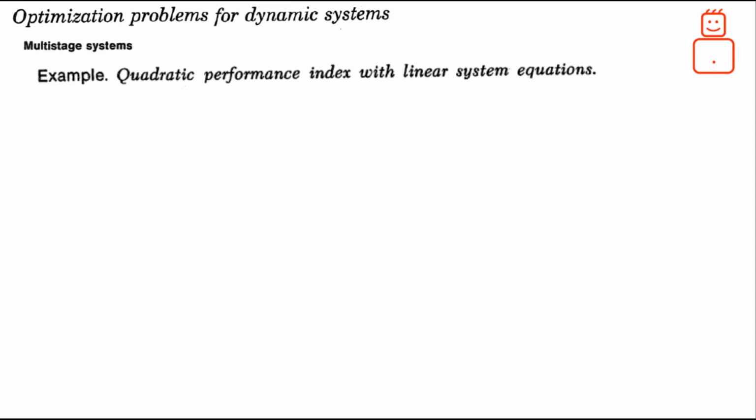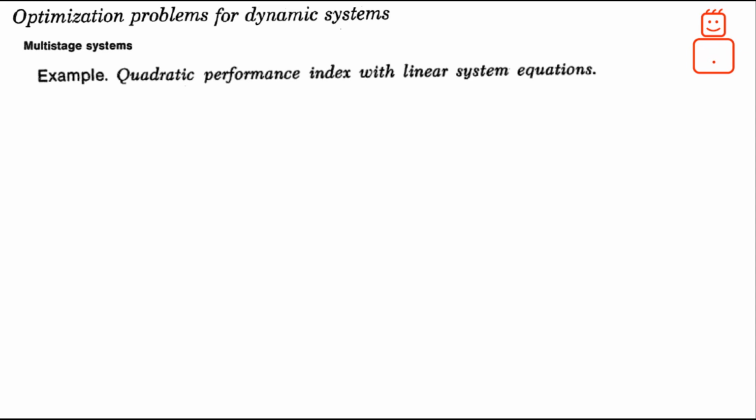As we have passed over the introduction of the optimization control problem for this video and the derivation of the conditions for solving for optimal control actions, we are ready to apply these concepts on a simple control problem. The example we are dealing with has a quadratic performance index along with linear system dynamics.